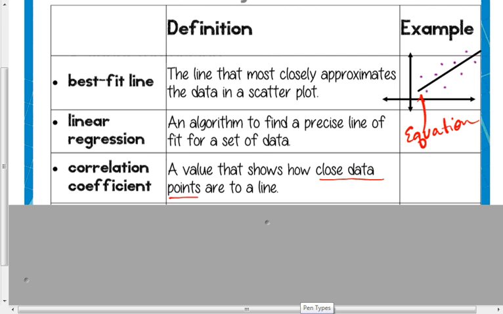In the top example, they're pretty close. But if I gave you an example like this, where we had all of our dots really close to the line, that's super close. That's a much stronger relationship right there.